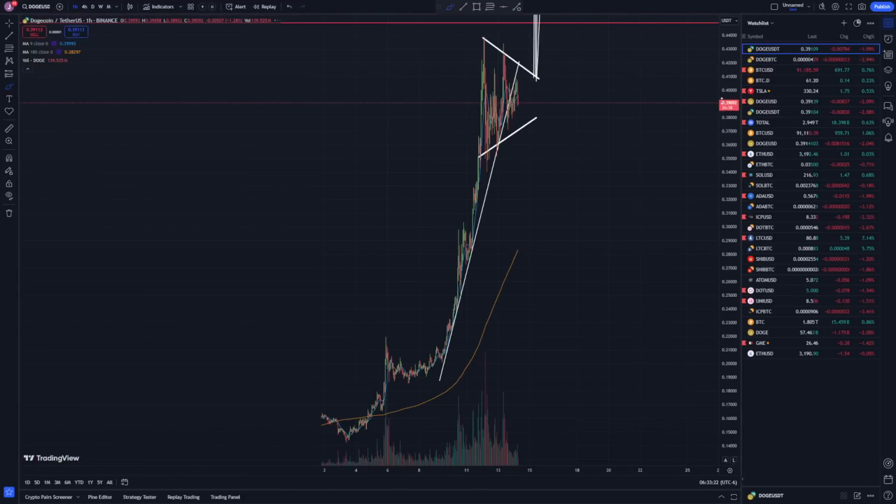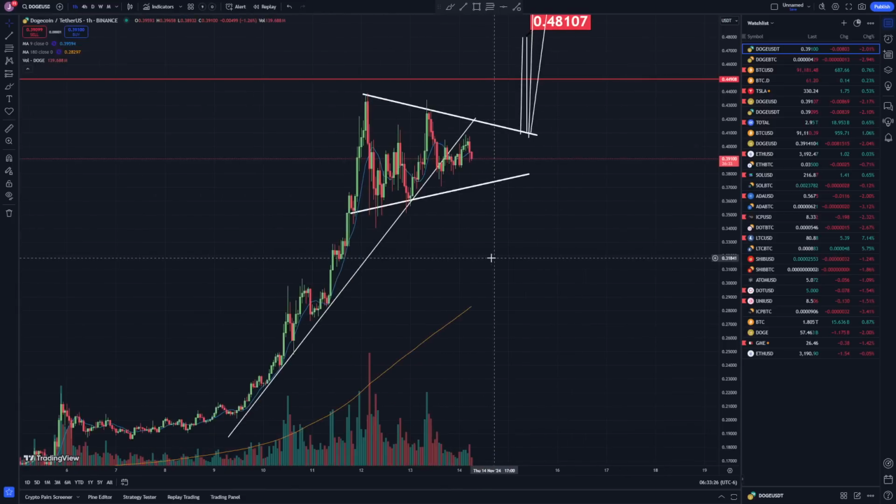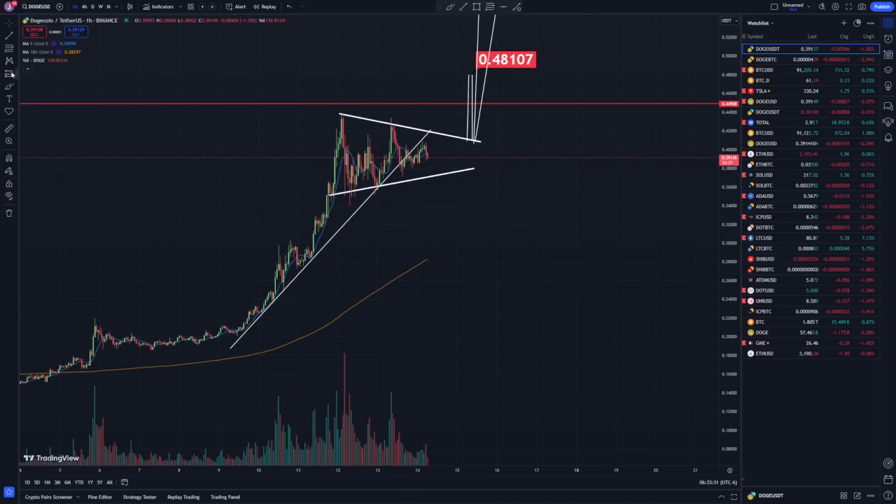Let's go back to Dogecoin real quick. Yeah, we're still watching this potential flag pattern. That's what I'm hoping it is. Same thing like we were just talking about, though. If we break the resistance or the support line right there, going to the downside, then we might have to be looking at support.